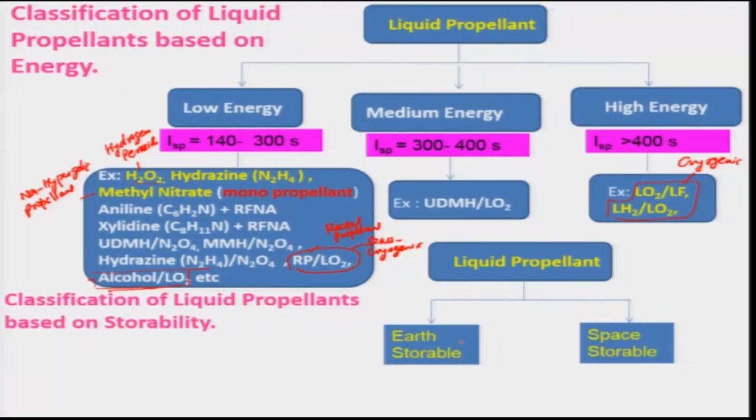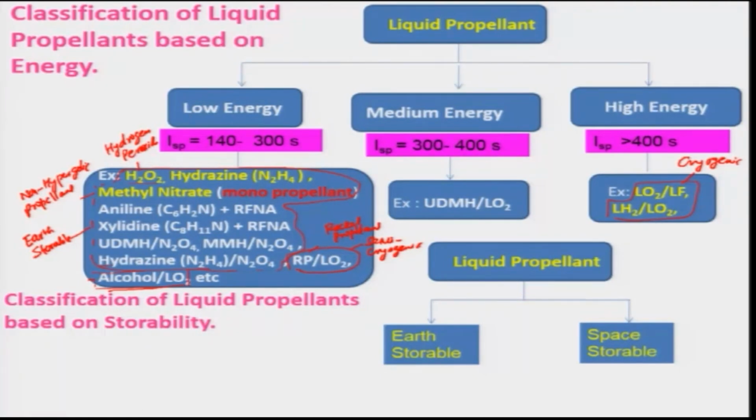All these propellants that we have discussed here can be stored very easily on the earth. Therefore, we can say earth storable, because this propellant can remain in the liquid phase at ambient temperature and pressure.